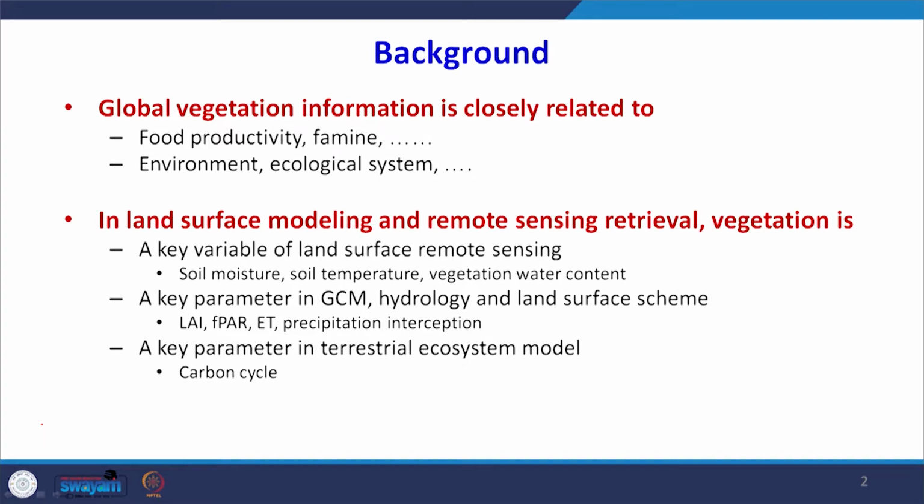We can find out the productivity, the yield, and also develop models for forecasting. Global surface modeling, land surface temperature, hydrological modeling, and ecosystem studies all require information about the accurate vegetation cover in a catchment or a particular area.